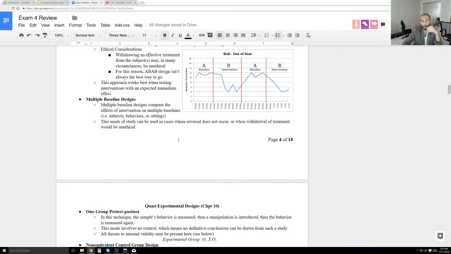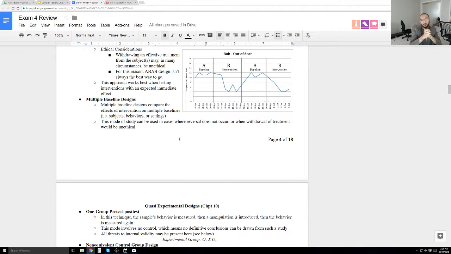Now, by contrast, we have multiple baseline designs which compare the effects of an intervention on multiple baselines. So the multiple baselines might be John, Steve, and Harry, so across individuals, across subjects. It might be we are looking at the effect of something while brushing your teeth, while combing your hair, or while taking a shower. That would be multiple baselines across behaviors.